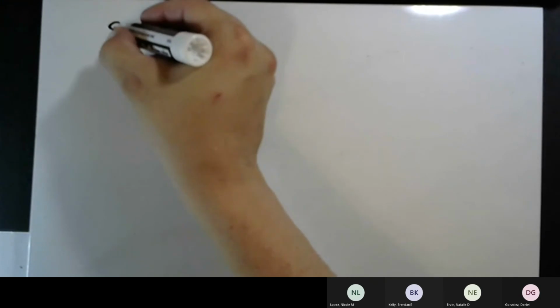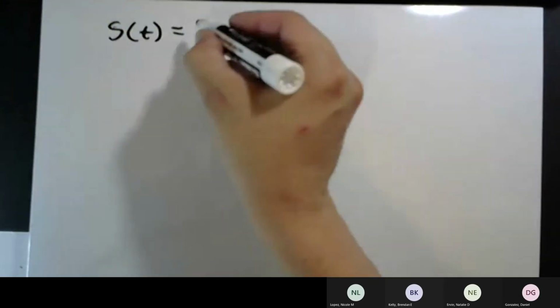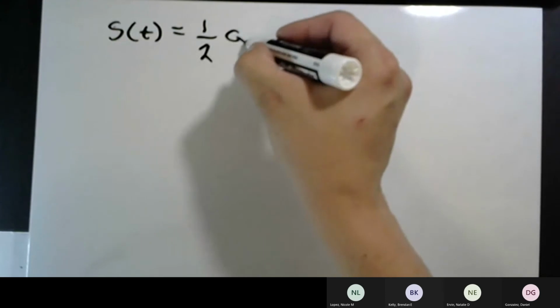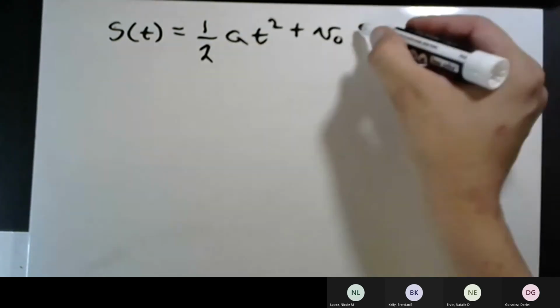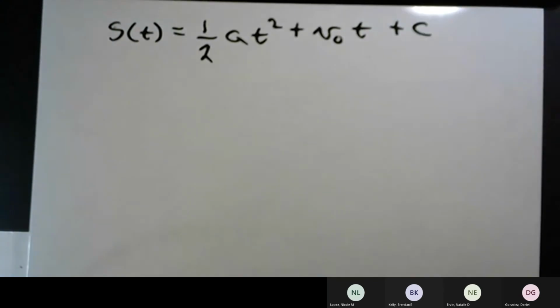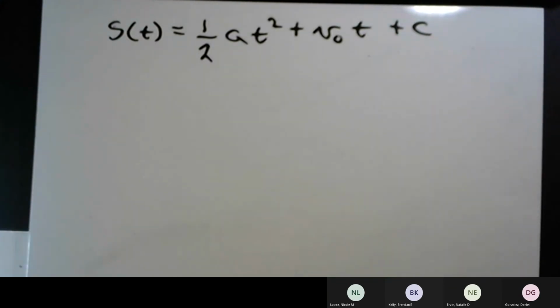So this means S of t is 1/2 AT squared plus V0t plus C. Now, once again, we're going to be interested in our displacement, or our location, or a distance, say, from an origin, at some time 0.